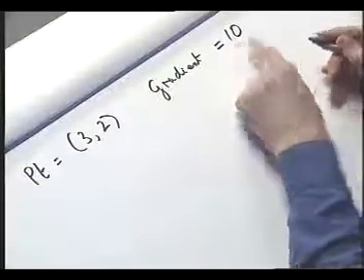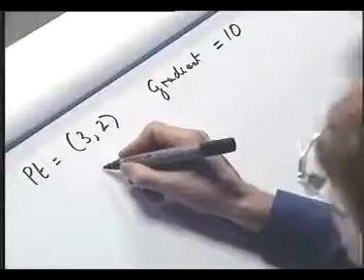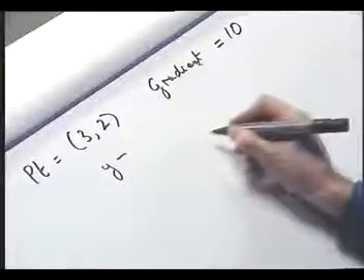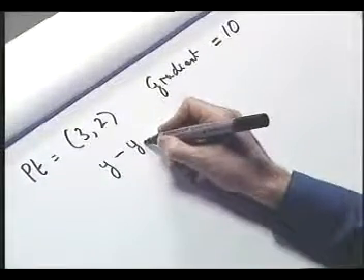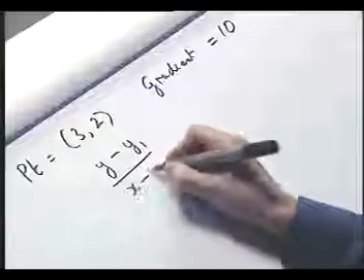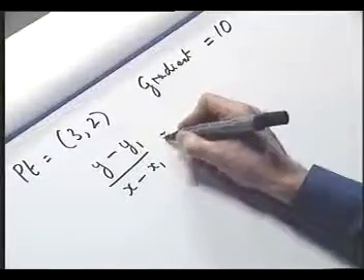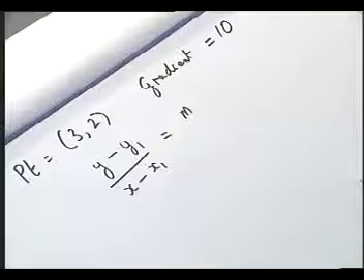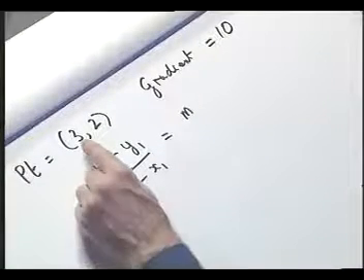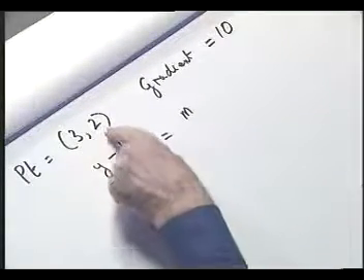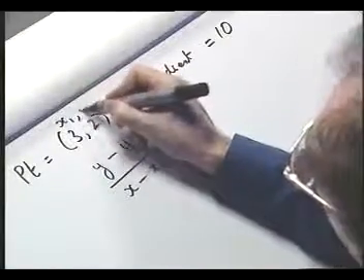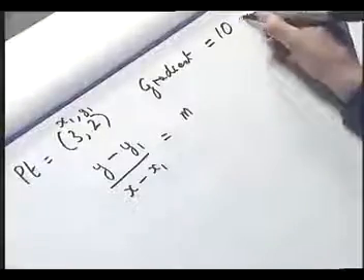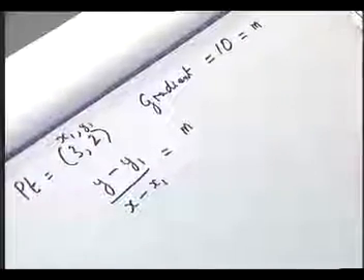And what we want is the equation of the tangent at this point on the curve with this gradient. So that's the equation of a straight line. And the equation of a straight line that goes through a point x1, y1 is y minus y1 over x minus x1 is equal to m, the gradient. So this is our x1, y1, and this is our gradient, m.